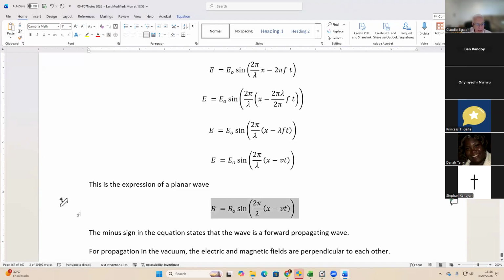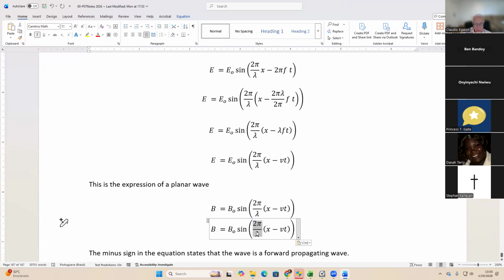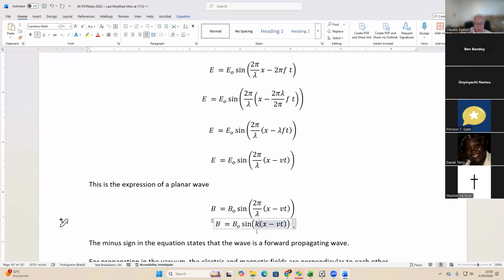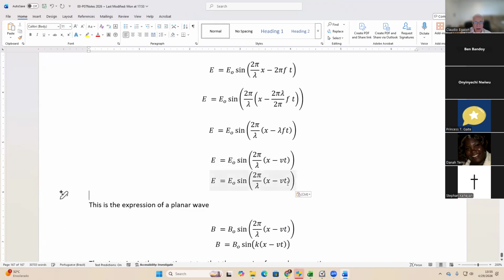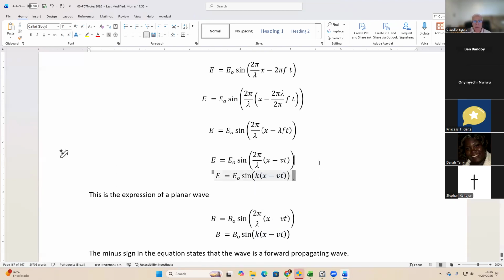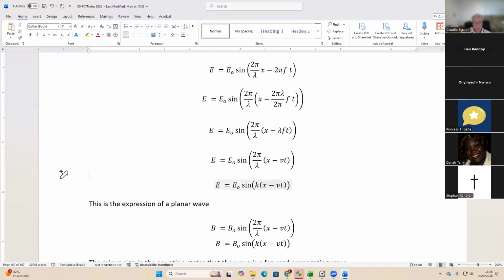I'm going to write that in terms of kx. I think this format here is more intuitive because of this term x minus vt. I'm going to put k here as well. The k is the wave number.